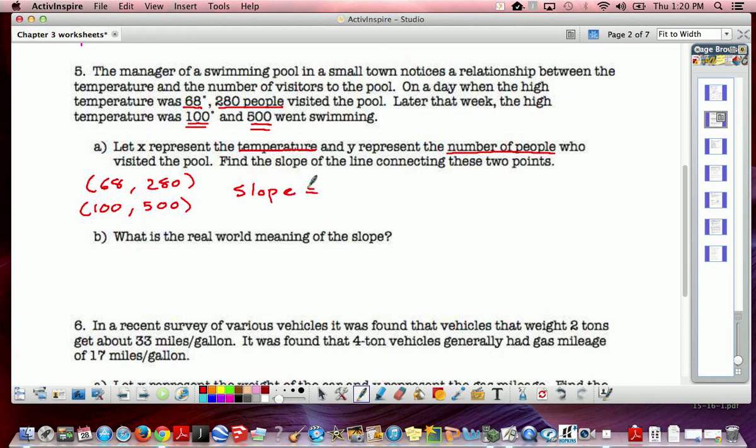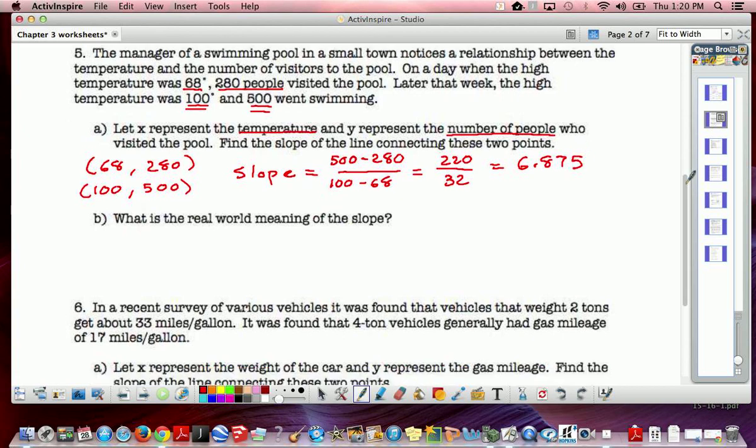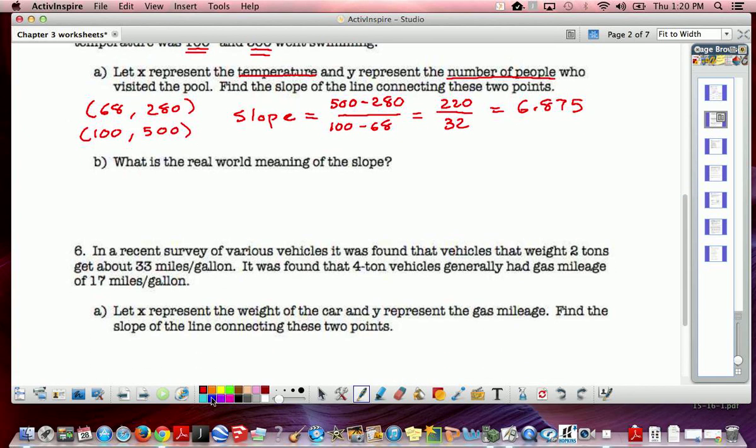So we want to find the slope again. So to get our slope, same formula, okay? Change in Y over change in X. So I'm not going to rewrite the formula, you can see it up top, but you're just going 500 minus 280, subtract your Y's, then subtract your X's. So as I simplify that, I get 220 over 32. That simplifies to 6.875. So when we talk about the real world meaning of this, remember how it's for each additional increase in X, what does the Y do?